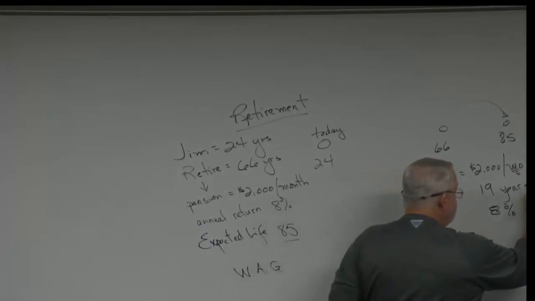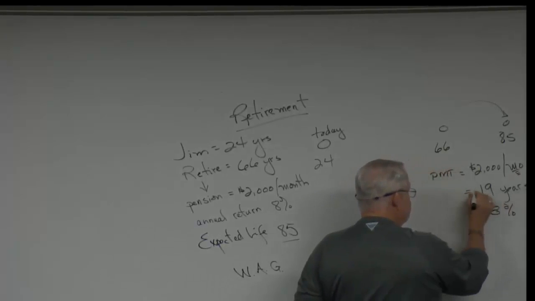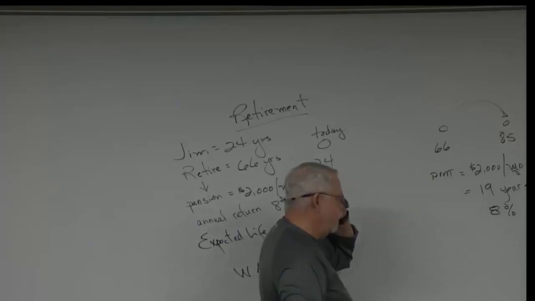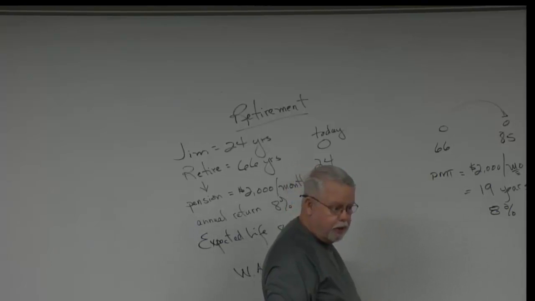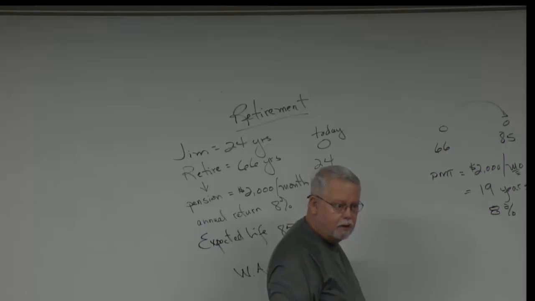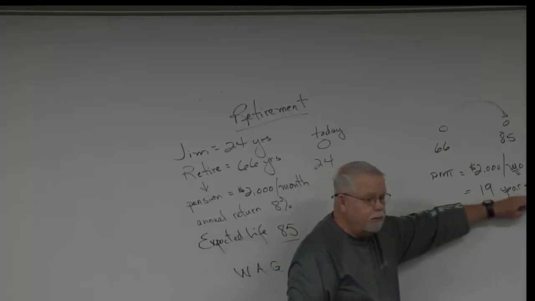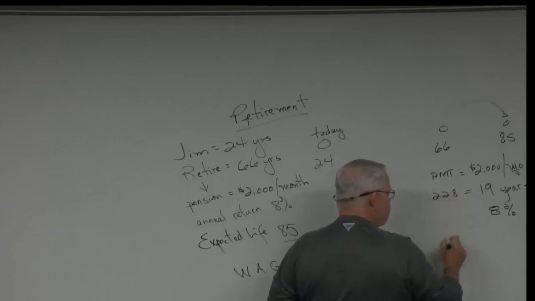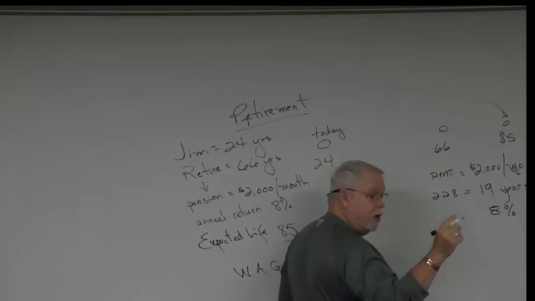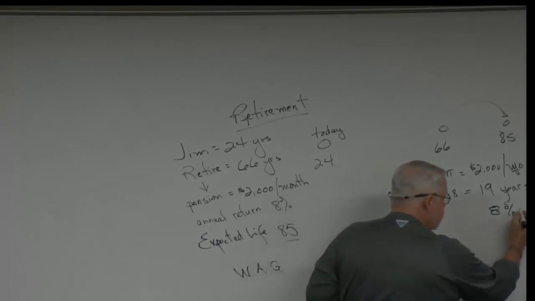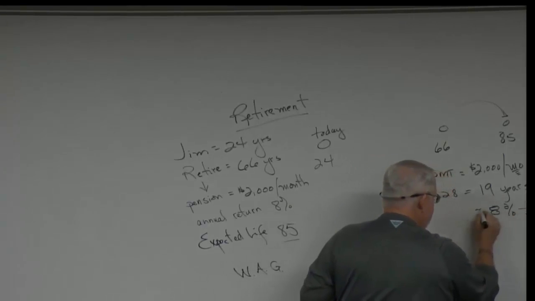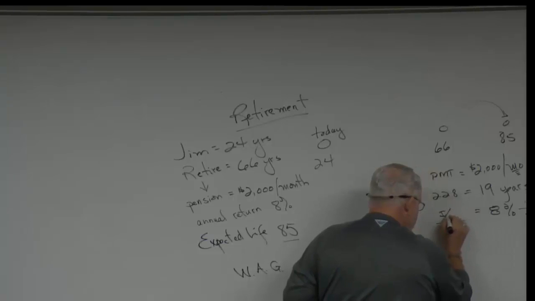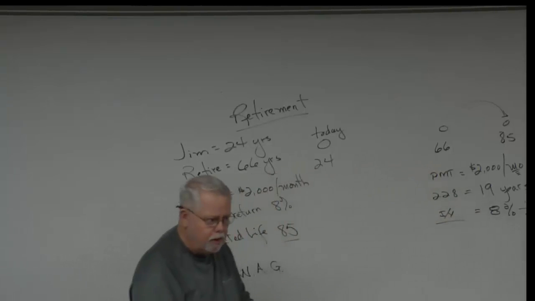So 19 years times 12? 228. So he's going to get 228 payments. And his interest rate is going to be also on a monthly basis. So 8 divided by 12 gives him his I/Y. You with me so far?